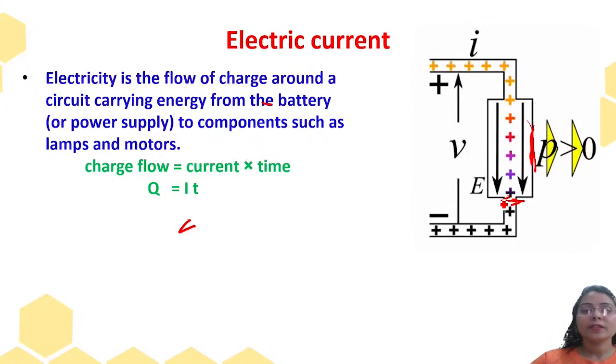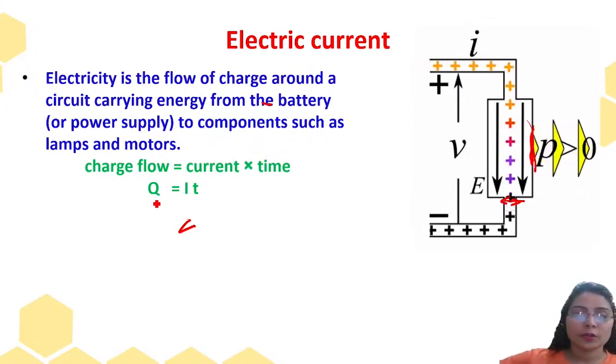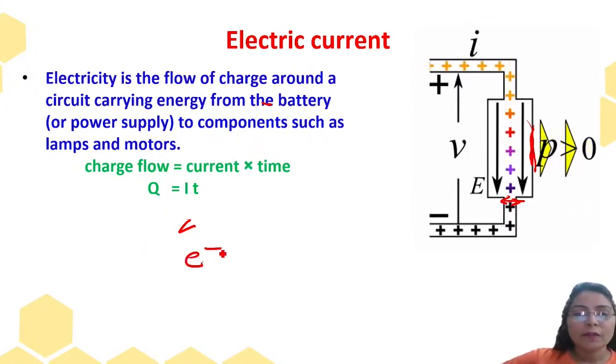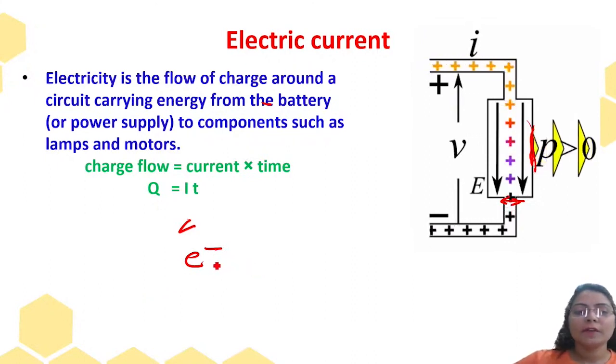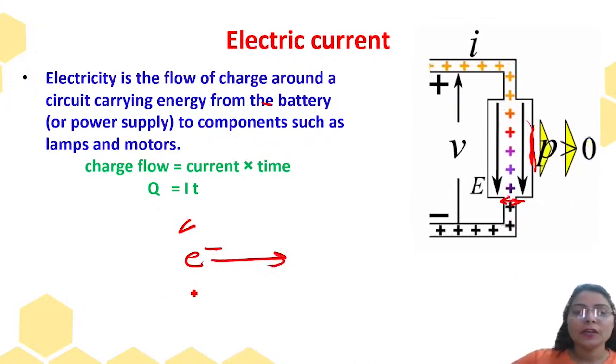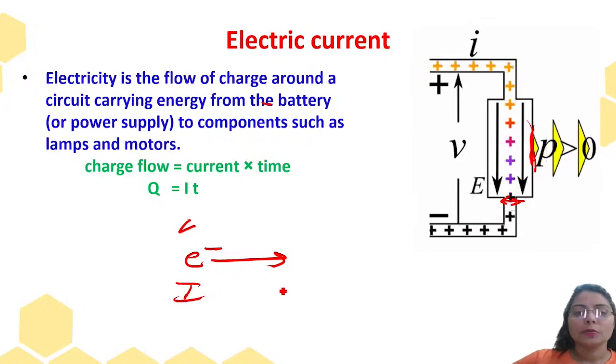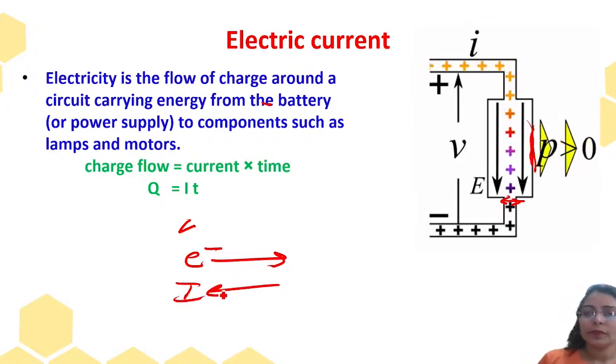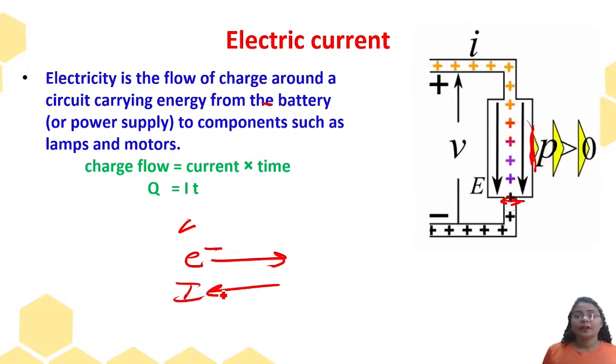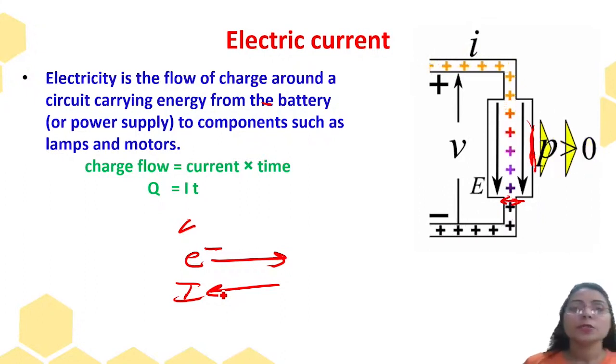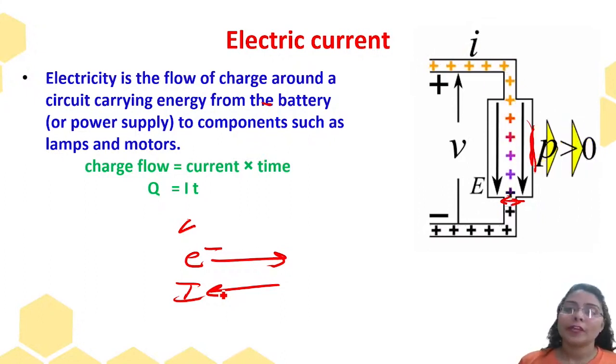Electric current is always a flow of electrons, and if electrons are moving in this direction, then my current will move in this direction. That means electric current is just opposite to the flow of electrons.